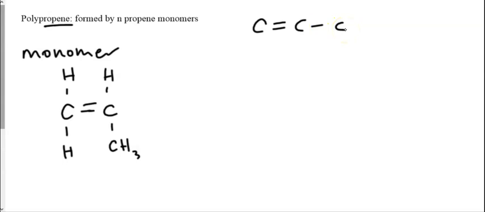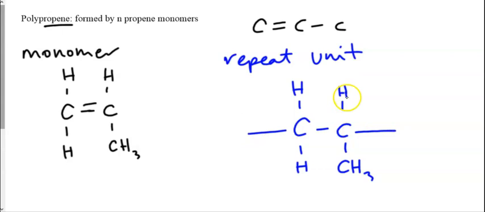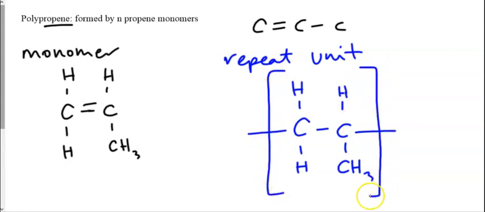But I'm drawing it the way I did down here because the monomer breaks at the double bond. So our repeat unit is the carbon, carbon. Notice I'm not going to draw a double bond. I'm going to draw that as a single bond because it breaks apart, and that's where it bonds. So my repeat unit is this in blue, because it breaks right here, meaning this is going to bond, which is why I drew this over here.